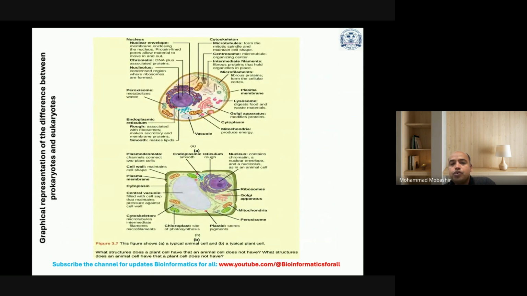Then you can also understand the graphical representation of the difference between prokaryotes and eukaryotes, as I have mentioned. The difference here is that you can also see the biological functions of each organelle, so it will give you better insight.